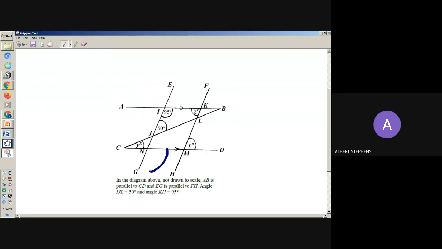I'm asking you what this angle down here is equal to. Wouldn't it be 95? Wouldn't these two correspond? Yes, sir. Yeah, they would correspond, right?